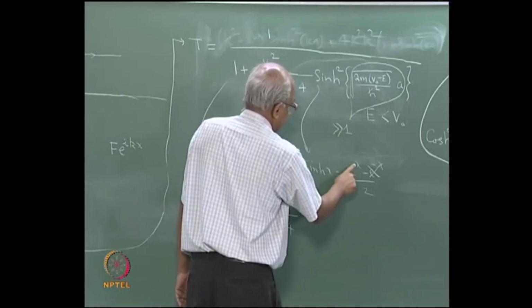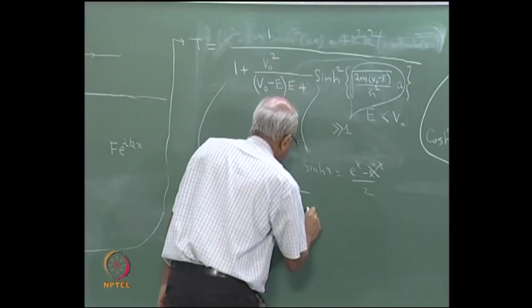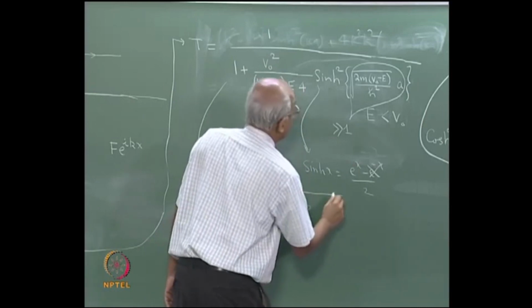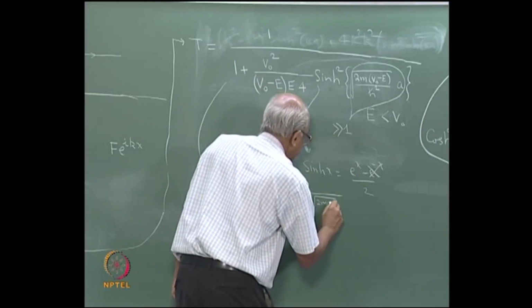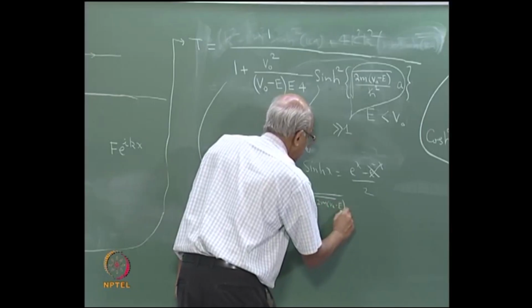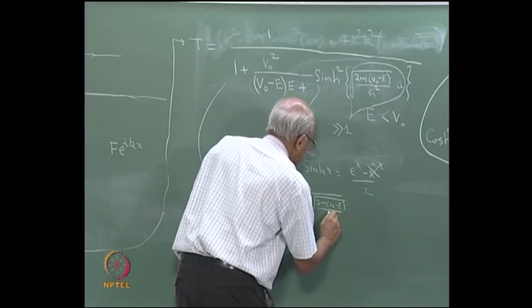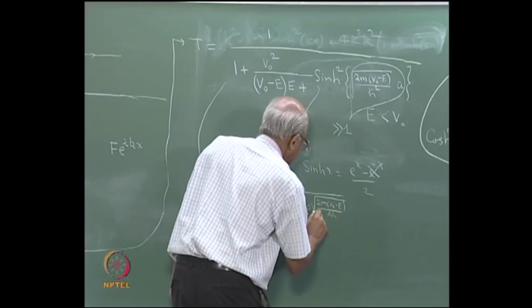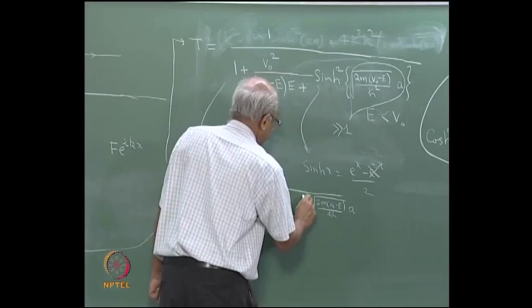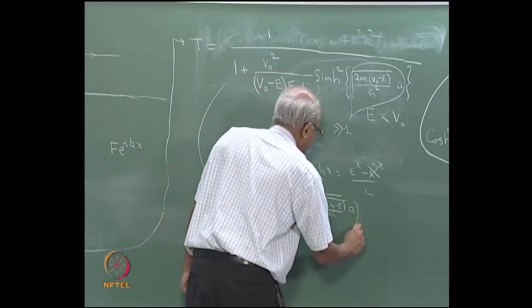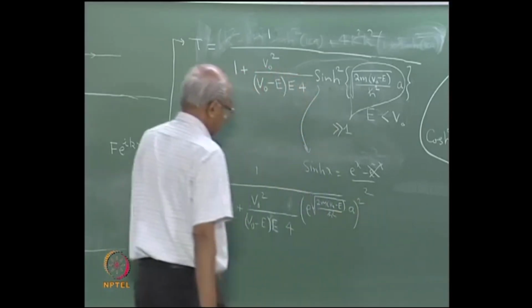Actually sinh x may be approximated as e to the power of x divided by 2. So, therefore, I shall have e to the power of square root of 2m (V0 minus E) divided by h cross square. The square root covers that h cross square also, e to the power of a. I have to take the square of that. Okay, this is the answer.